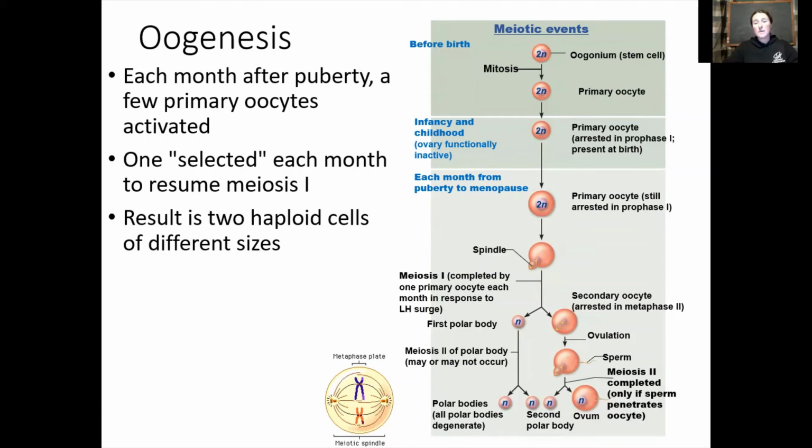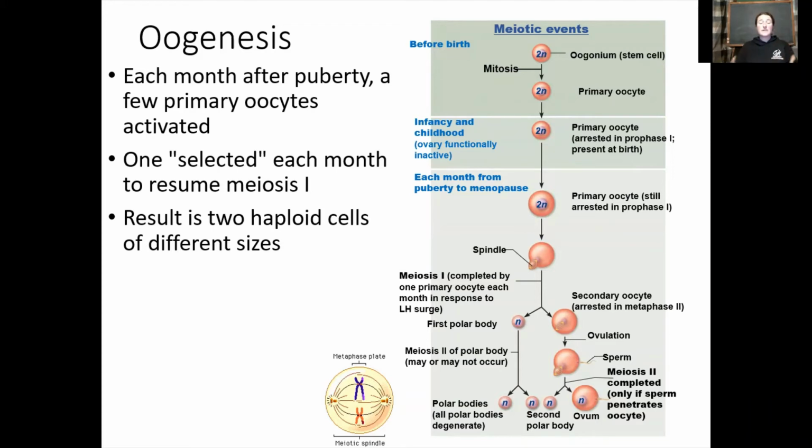Okay, so where I'm going with this is that meiosis 1 is completed when cytokinesis, so true cell division, occurs, producing a much larger cell called the secondary oocyte and something called a first polar body. The first polar body is really just there to store the extra DNA that we don't need, we don't want. It's just superfluous at this point.